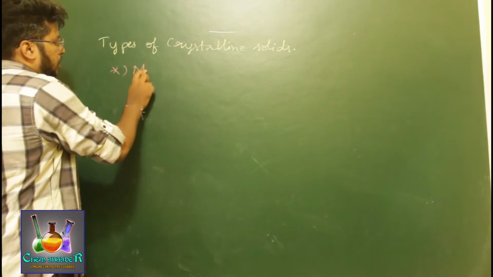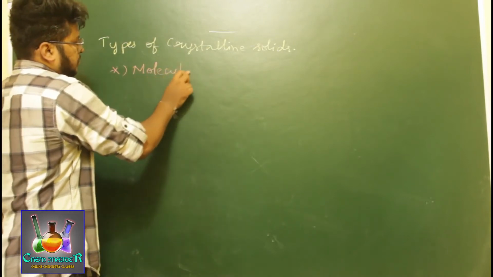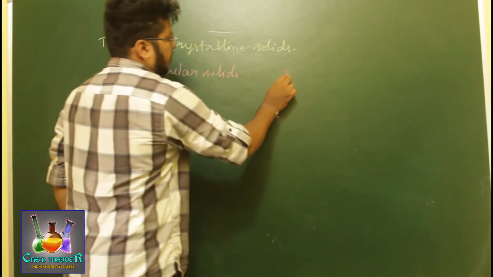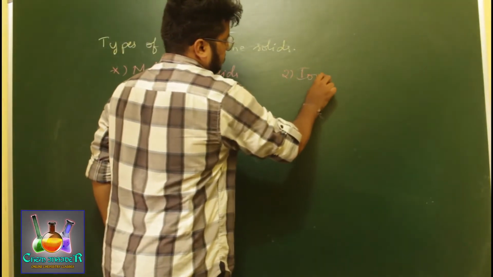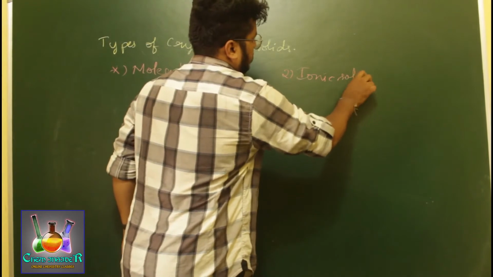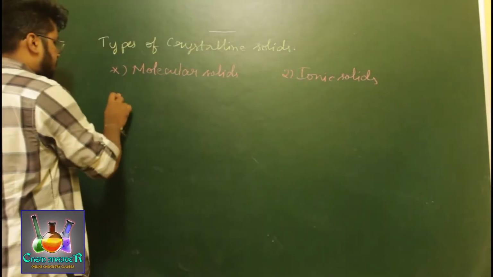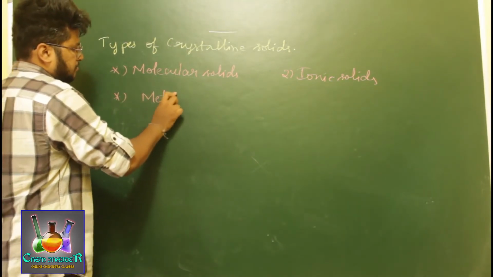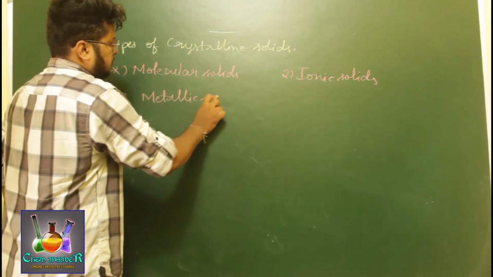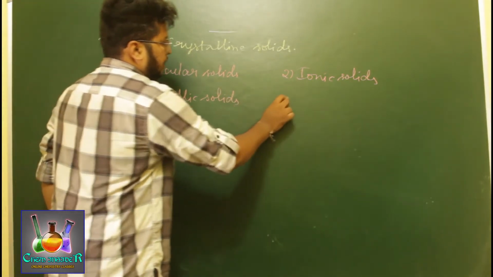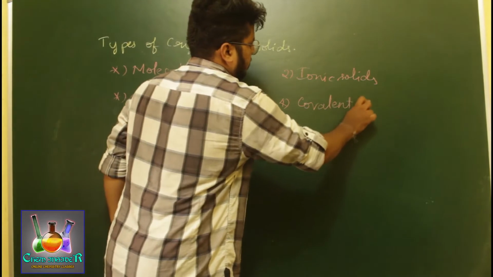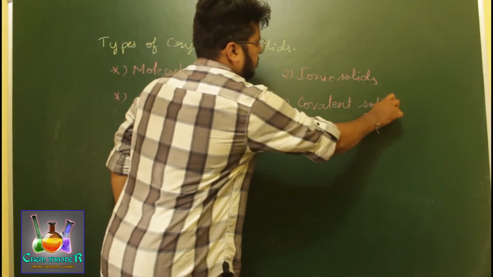Those are: first, molecular solids; second, ionic solids; third, metallic solids; and the fourth one, covalent solids, which are also called network solids.